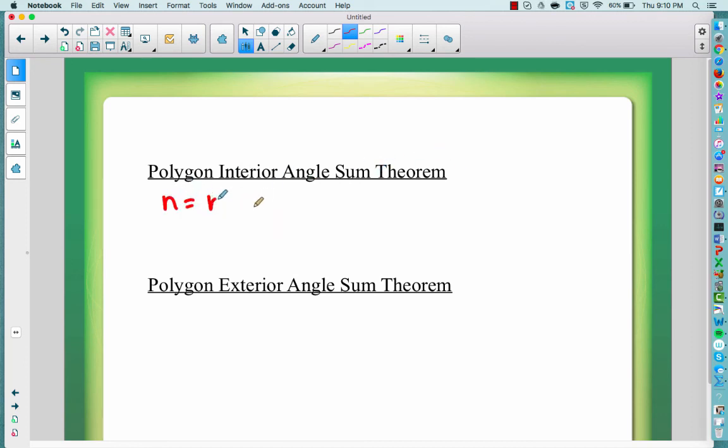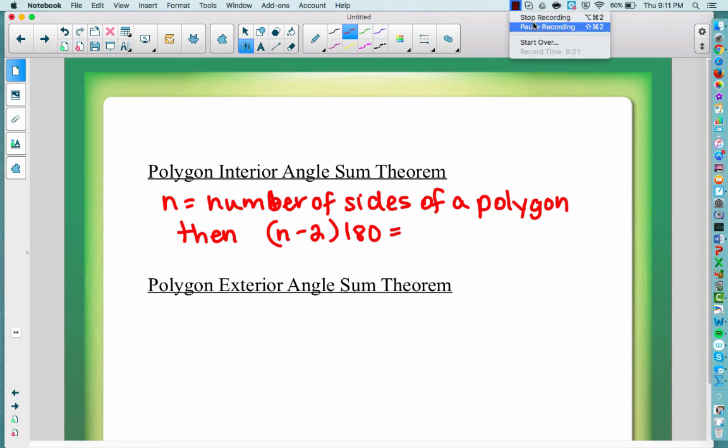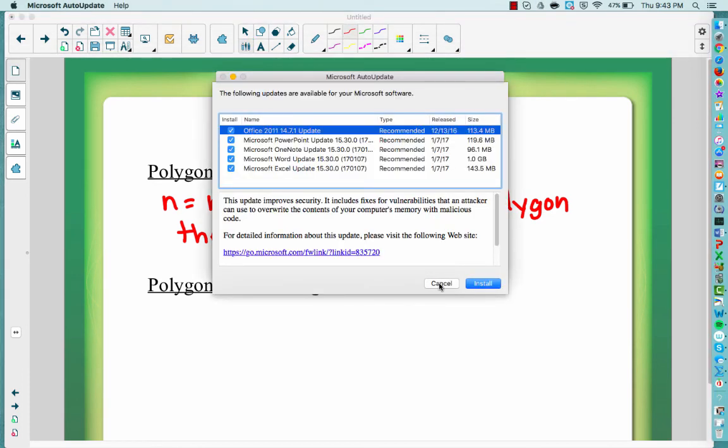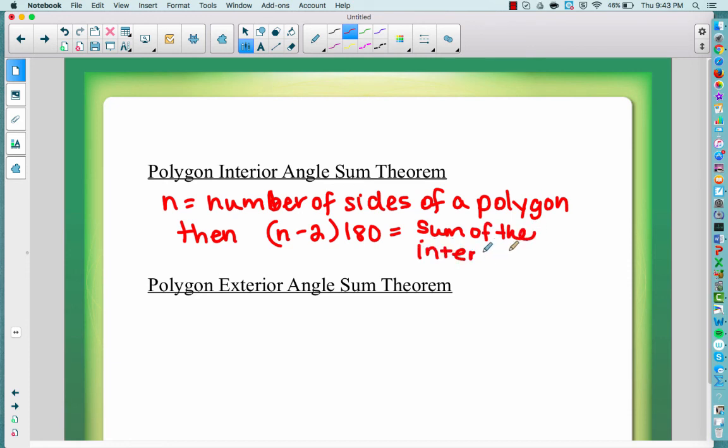If n equals the number of sides of a polygon, then n minus 2 times 180 will give me the sum of the interior angles of a polygon.